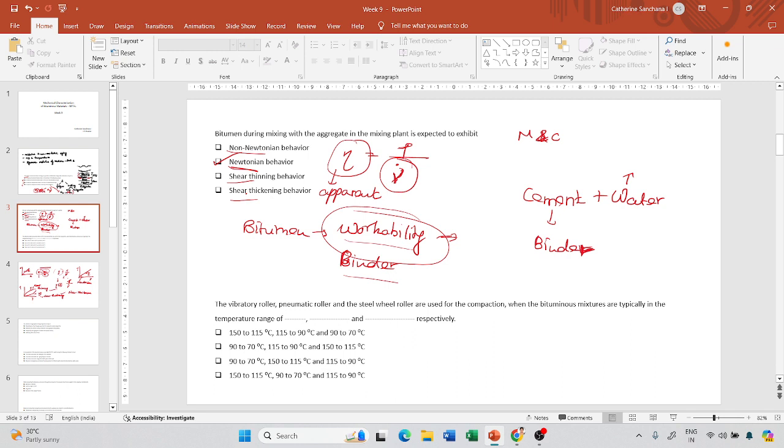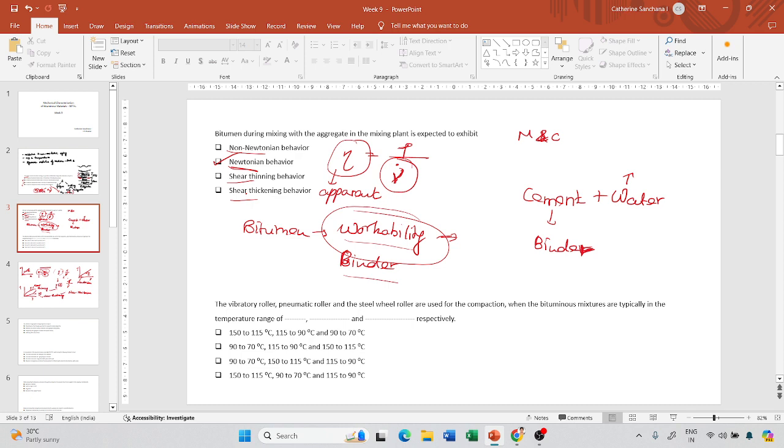Now the next question: the vibratory roller, pneumatic roller and the steel wheel roller are used for compaction when the bituminous mixtures are typically in the temperature range of what? So if you see, when you compact your bituminous mixtures in the field, it has to have a certain density.